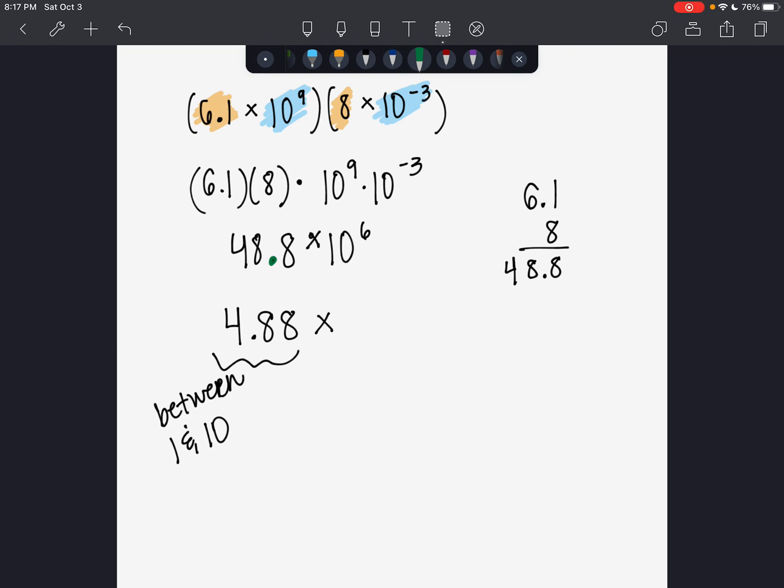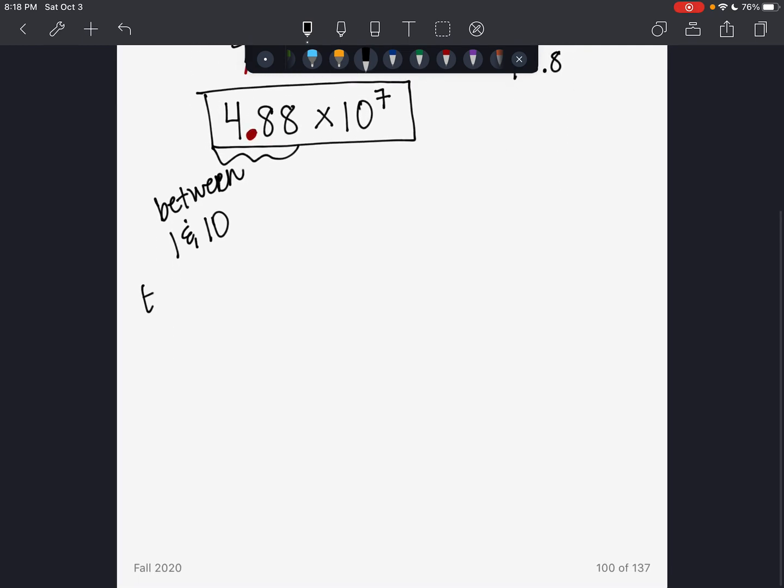When I move the decimal left 1, I made my number a little bit smaller, so it's not 10 to the 6th. Now it's going to be 10 to the 7th. So we use our properties of exponents to simplify, and then we have to go back to that scientific notation.